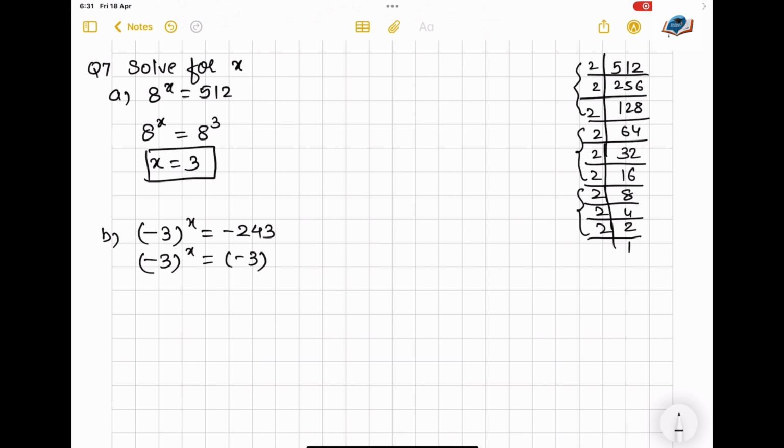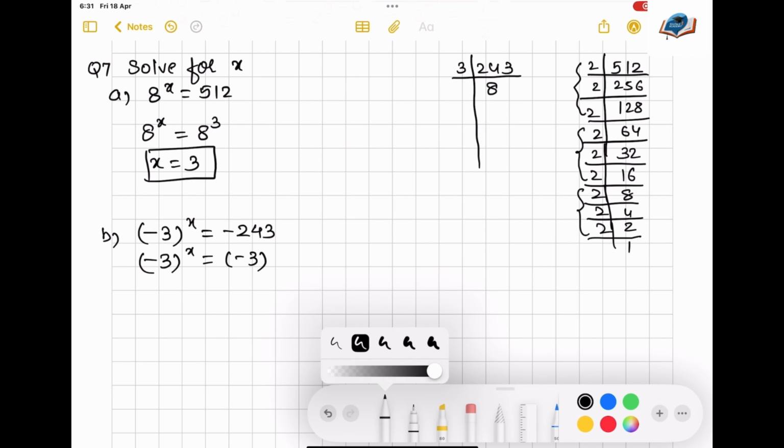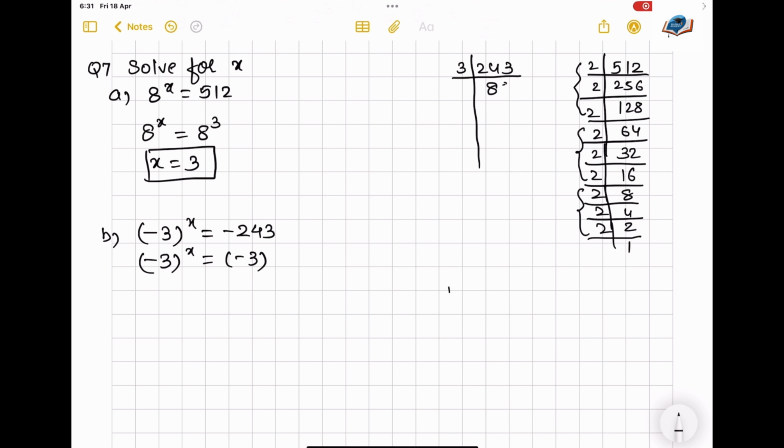Now 243 if I do factors, see 3, 81, 3, 27. Again 3, 9, 3, 3, 3, 1. So that is minus 3 raised to 5. So x equal to 5.